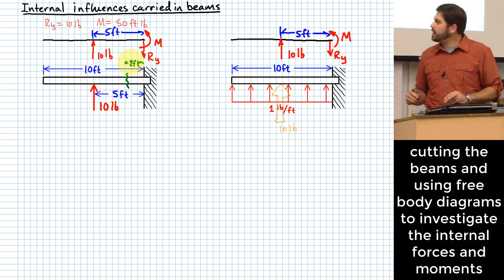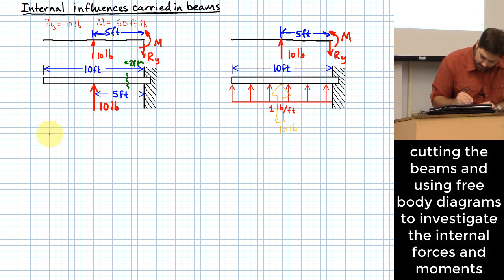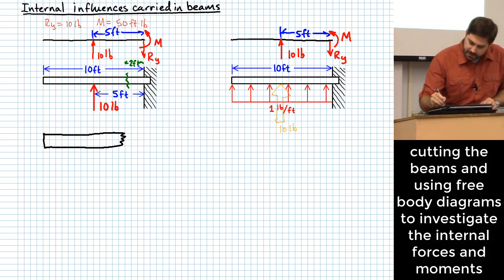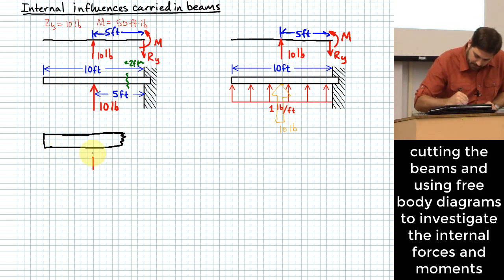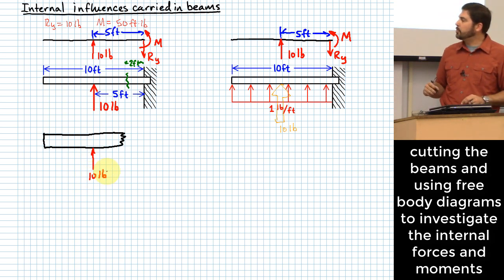And if I make a cut right there, I could actually make a free body diagram up to that cut. I would still have my 10 pounds of force acting here. That's what I know. What kinds of influences should happen at that location where I made the cut?